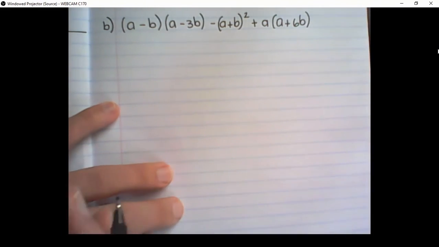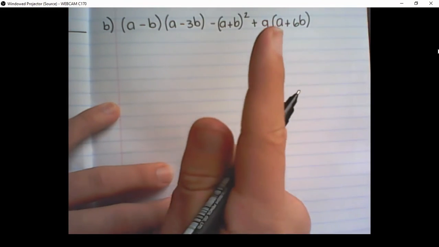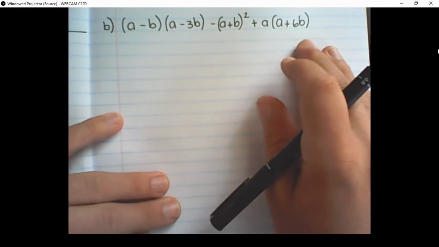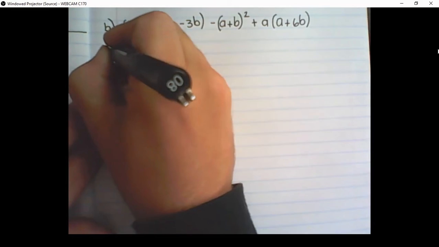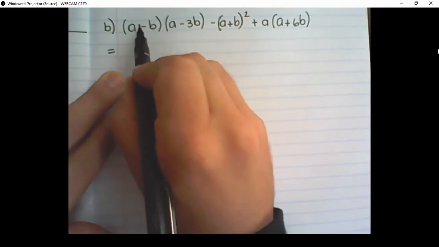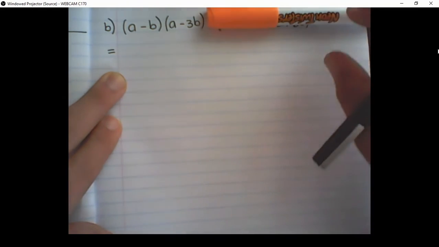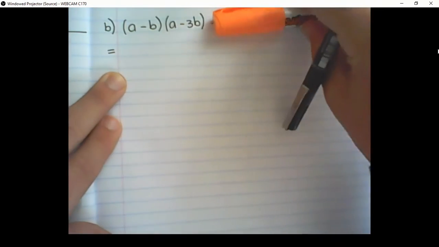Let's start working through it one pair of brackets or one part at a time. So the first two brackets, when I work with those, I will ignore the rest of the sum. So I'm not going to consider the rest, I'm just multiplying out these two.